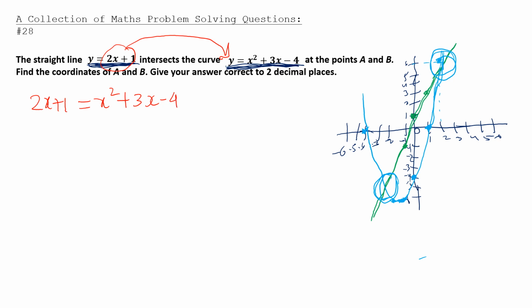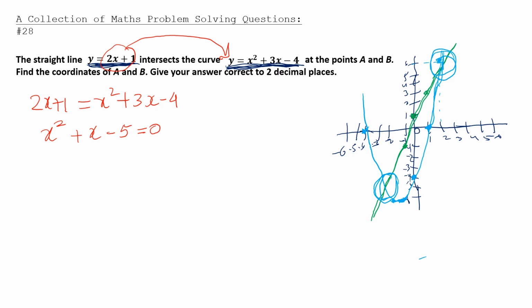And then I rearrange the terms. x squared plus x minus 5 is 0, and I have to solve for x.